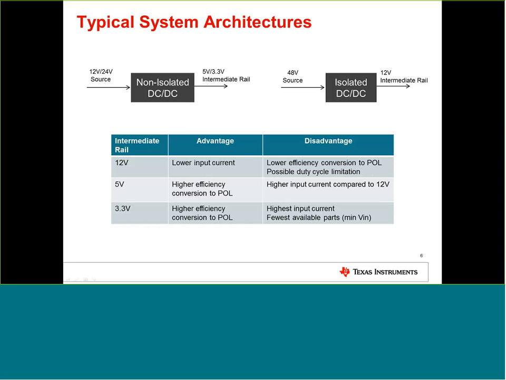The same, or almost the same, for the 3.3 volts. So we have really high, almost the highest efficiency, but also a disadvantage here: compared to the 12 volt, we will have the highest input current on these rails. So again, depending on the application and on the main supply, we have to think about which intermediate rail we want to address, and then we can go for the next steps to select the right DC-DCs for each rail.